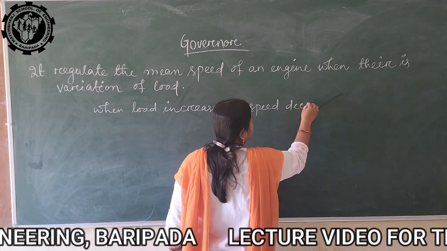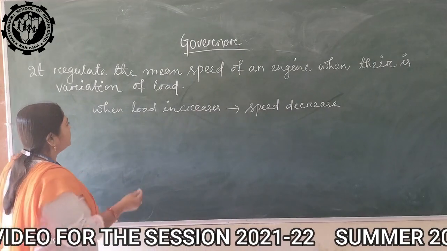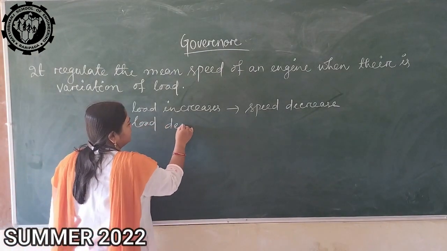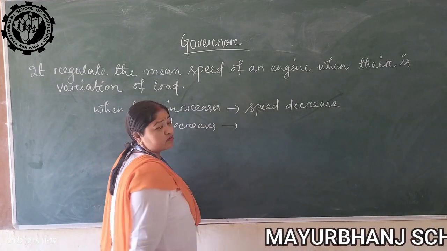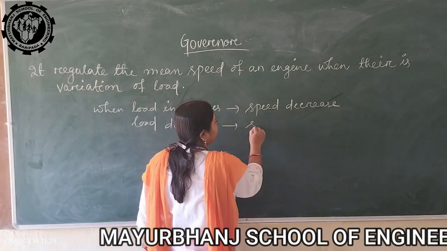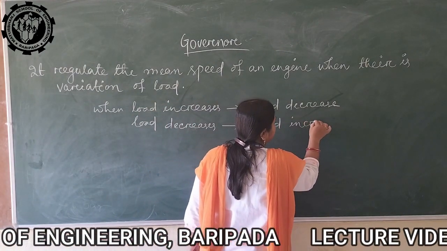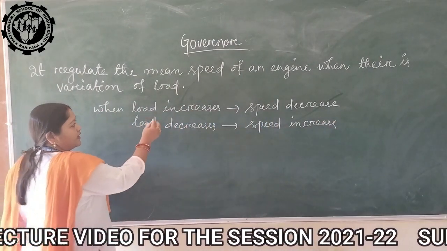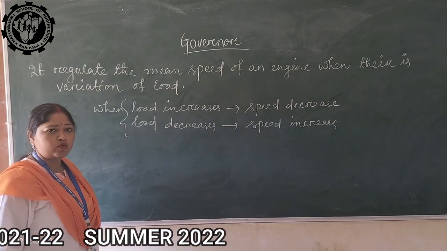Similarly, when load decreases, what will happen to the speed? The speed will increase. Therefore, there is a variation of speed when there is variation of load.